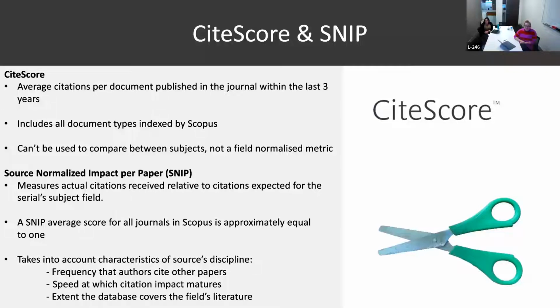It has an average score for all journals within Scopus and is approximately equal to 1. It also takes into account characteristics of sources, disciplines, the frequency that authors cite papers, the speed at which the citation impact will mature, and the extent of the database coverage within that field of literature.